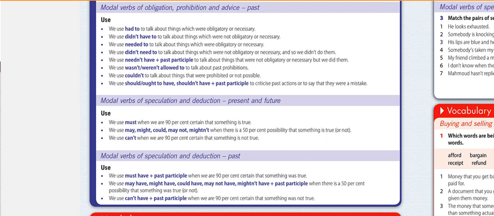But when we are 90% certain that something was not true, we use can't have plus past participle or verb 3.